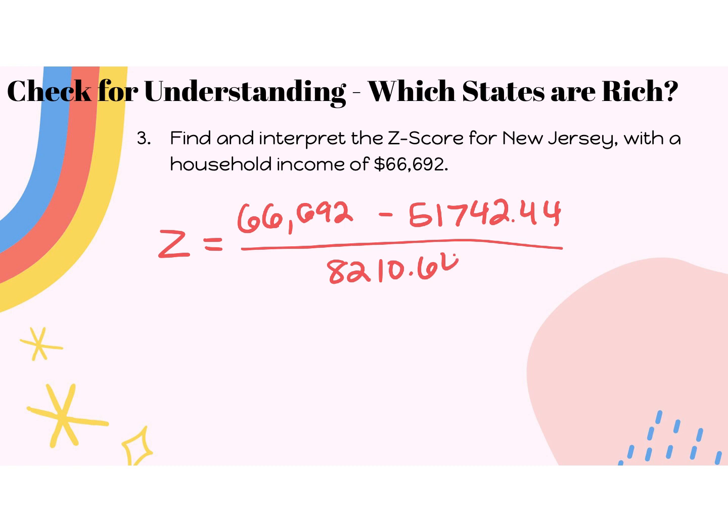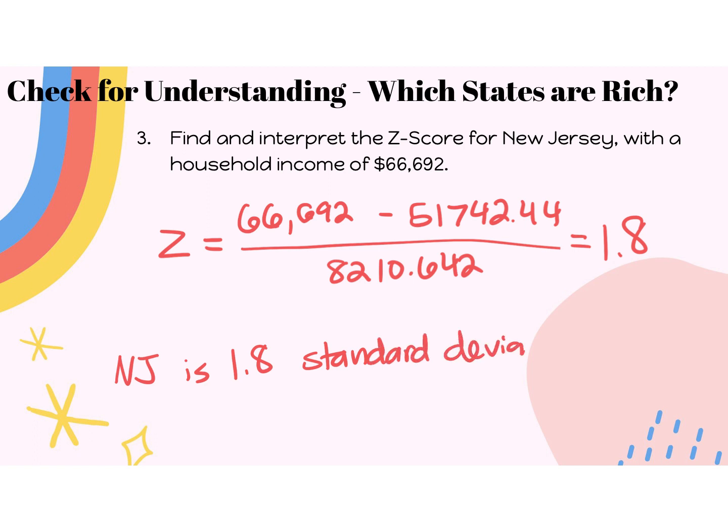So we plug those numbers in, and we get a z-score of 1.8. So interpreting that, New Jersey is 1.8 standard deviations to the right or above the mean.